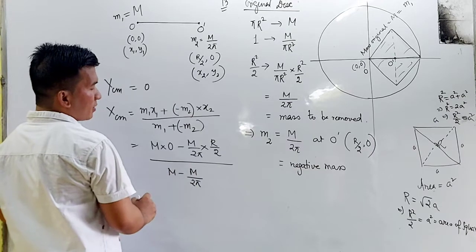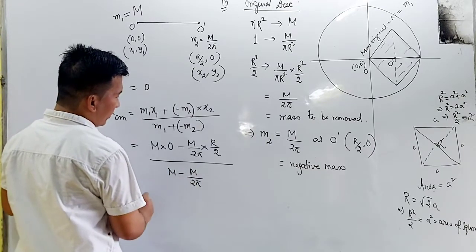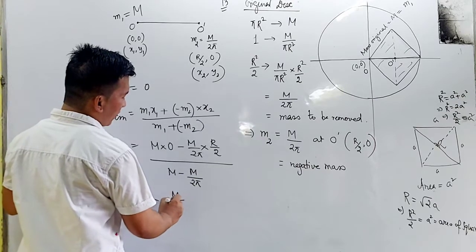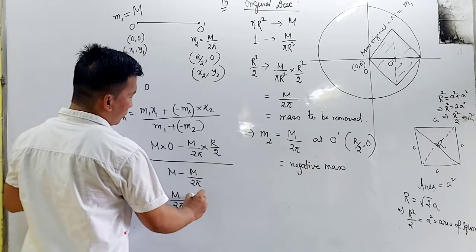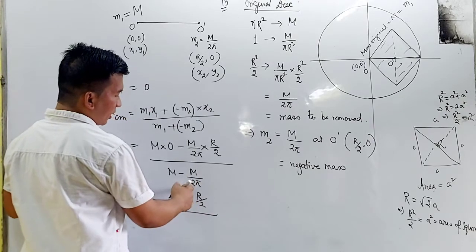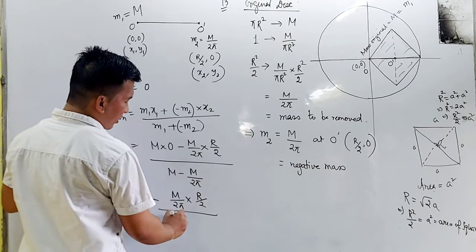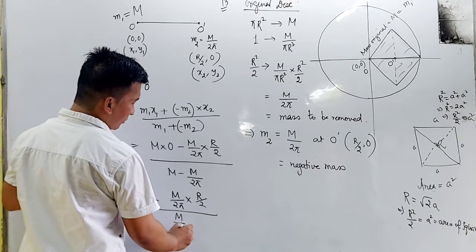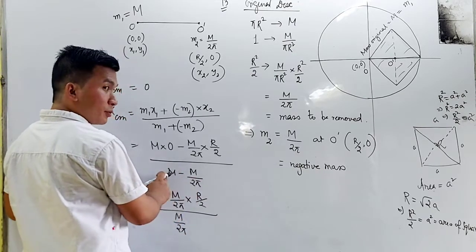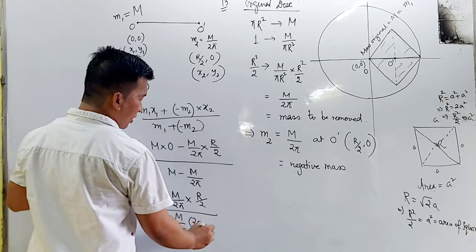After simplification, we will be having minus M divided by 2 pi into R by 2, divided by M divided by 2 pi into 2 pi minus 1.